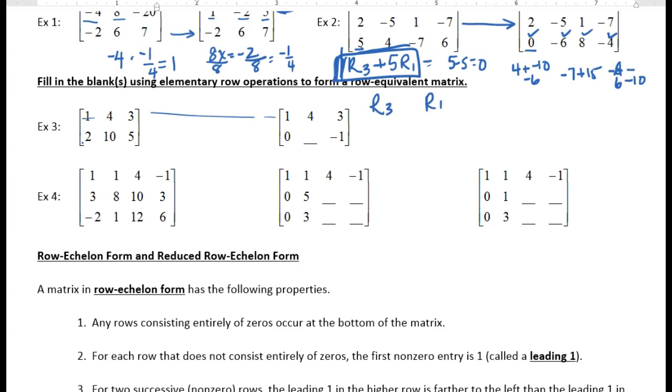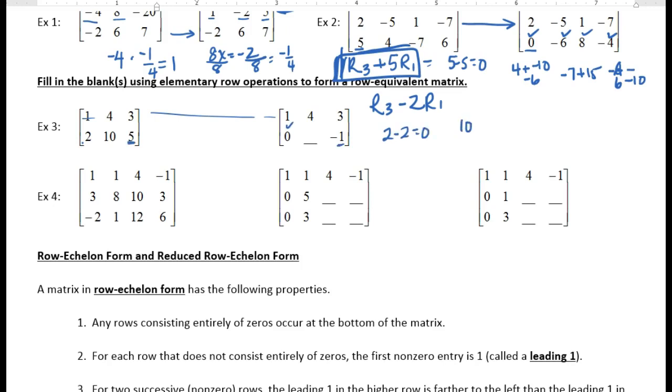So what could I do to row 1 that I could add to row 3 and then end up with a 0? Well, if I put on a coefficient of negative 2, multiply that by negative 2, that would give me a negative 2 up here. Negative 2 plus 2 gives me 0. So let's go with this theory and see if it works. So this would be 2 minus 2 gives me 0. That worked.